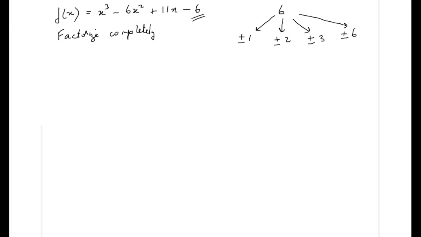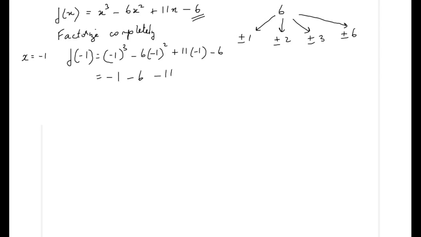Let's say we think that x equal to minus 1 is a factor or a root. Okay, so f of minus 1 would give me minus 1 cubed minus 6 into minus 1 squared plus 11 into minus 1 minus 6. If I simplify that out, I get minus 1 minus 6 minus 11 and minus 6.